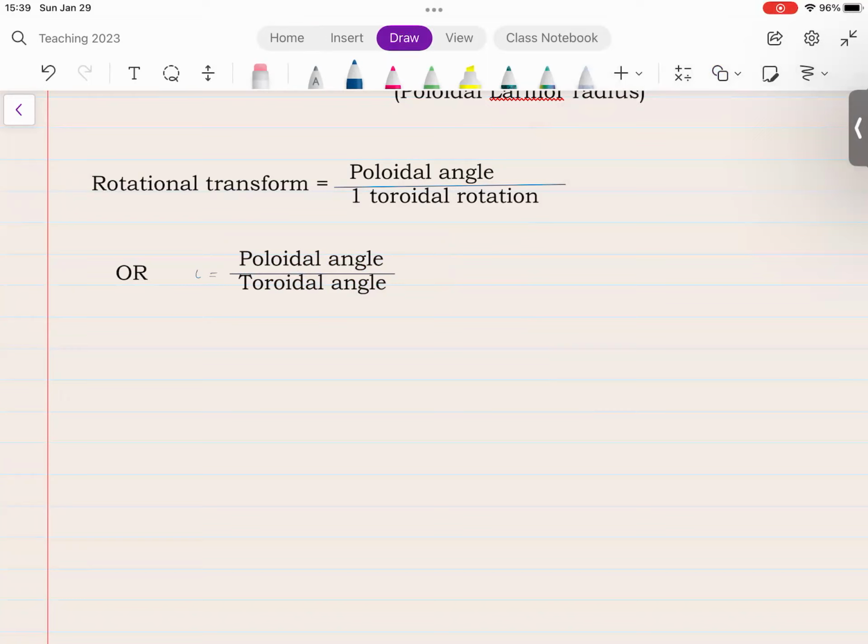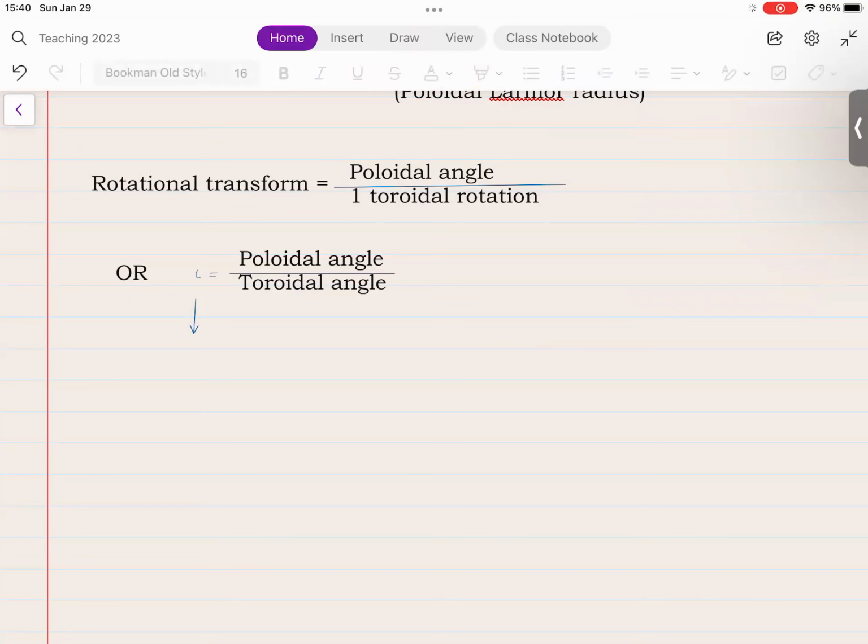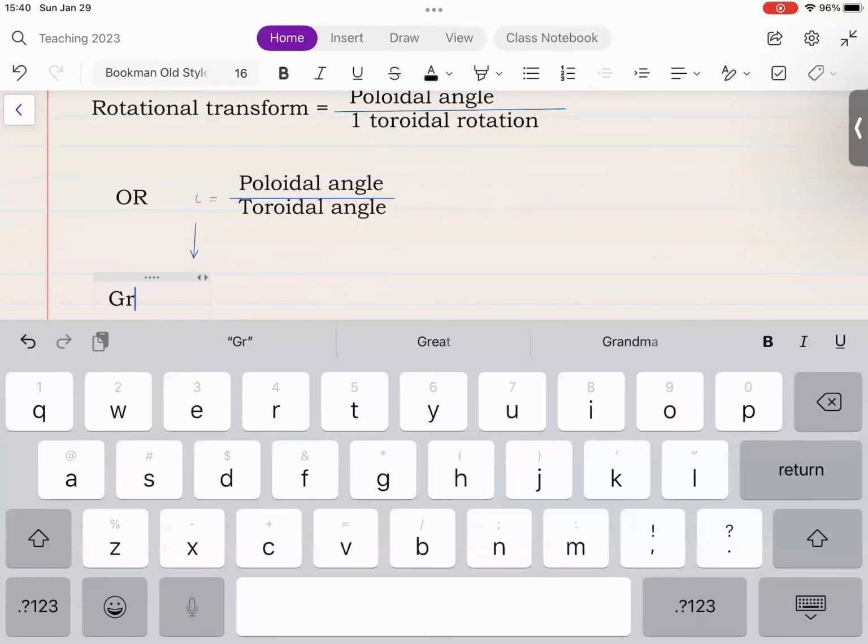The symbol that's commonly used to indicate the rotational transform is the Greek letter iota, which in my handwriting is just going to look like an I without the dot, but I will forget and I will put the dot. I'll do my best. And just be aware of what that is.